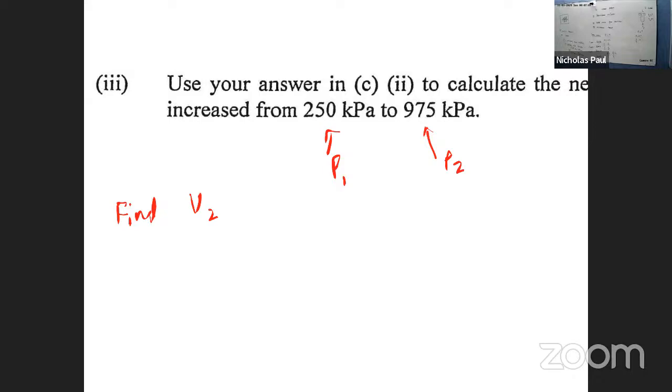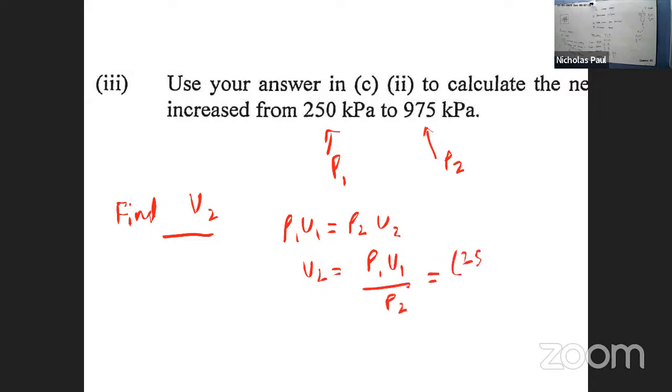What's the law we're using? Boyle's law, right? So we're using P1V1 equals P2V2. We can rearrange and we'll get V2 as P1V1 over P2. So that'll be 250 times 10 to the 3. We don't have to write 10 to the 3 because it'll cancel off, but it's a good habit to write the unit.